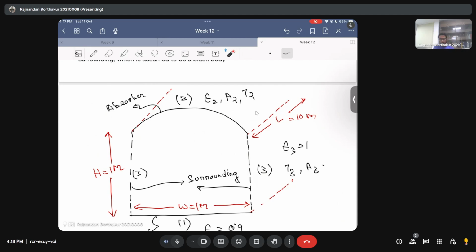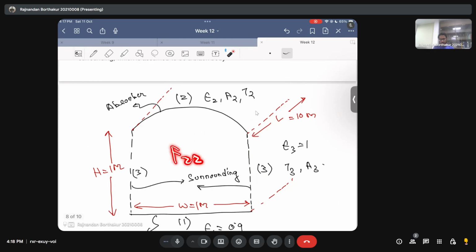The second thing, we don't know what F22 is. The reason is that since this is a curved surface, we cannot say that the fraction of radiation leaving surface 2 will not strike surface 2 itself, because there is every possibility that radiation leaving surface 2 can strike back surface 2 itself.